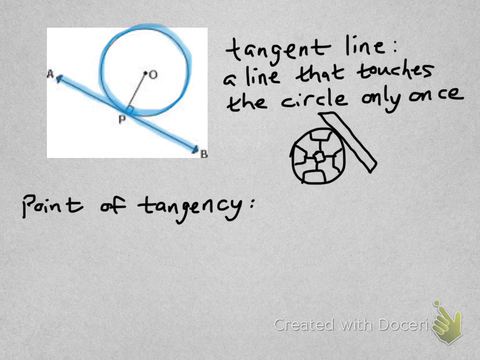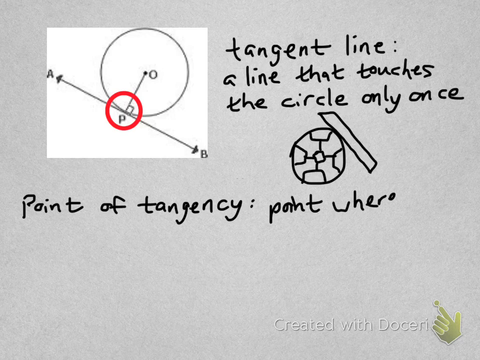Okay? Now, that point that it touches, this point here, point P, is called the point of tangency. So to define it, it's the point where a circle and a tangent intersect.